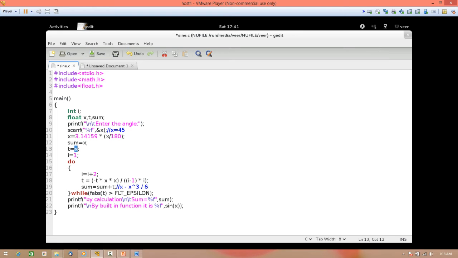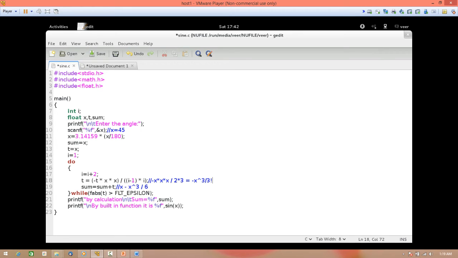So minus of x into x divided by, i value is 3, so 3 minus 1, that is 2, into i, that is 3, which is nothing but minus of x raised to 3 divided by 3 factorial.